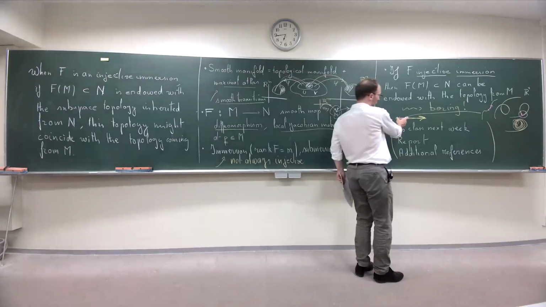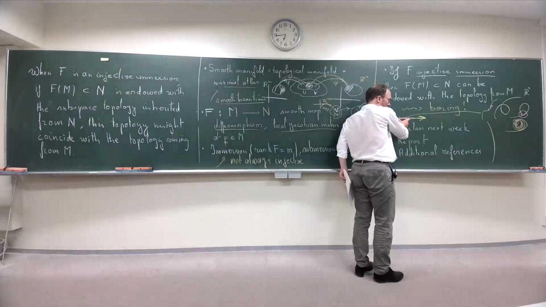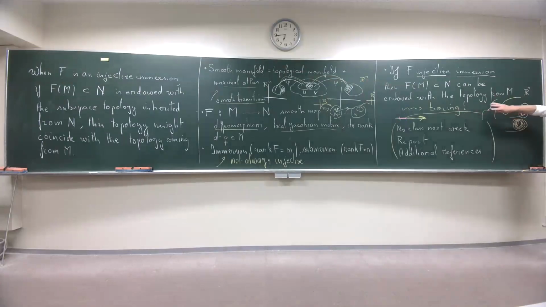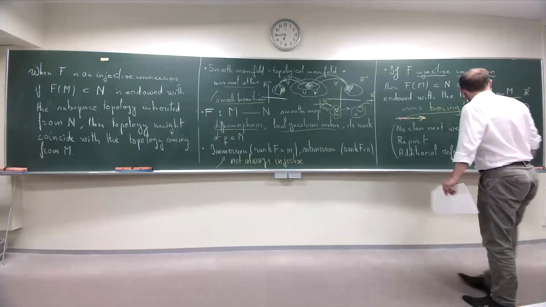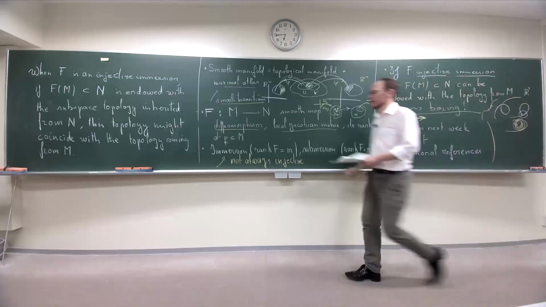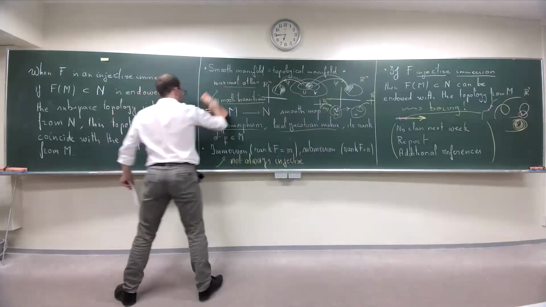If I just take the topology from M and send it onto any of these curves, I would have something quite boring. I just transform an open set into this. Now, if I take the subspace topology that I get from R2, I have something different. It depends. But there is one notion in order to make a difference between these two situations. And this is the next definition.